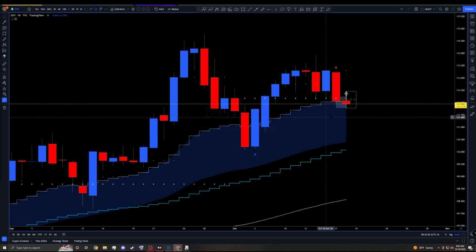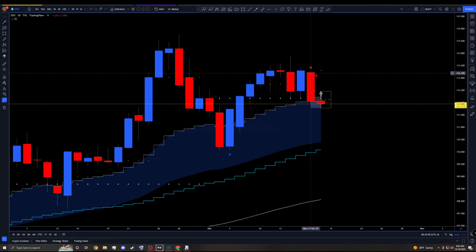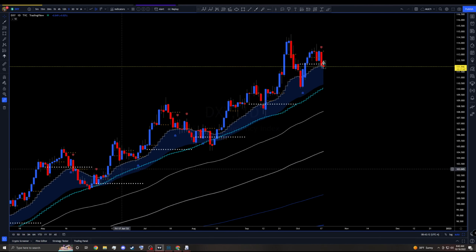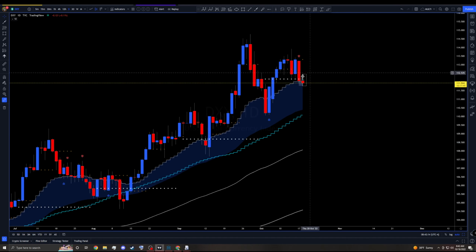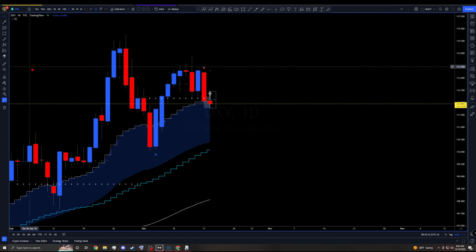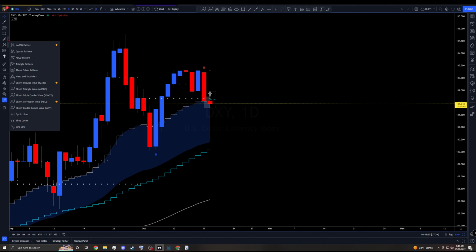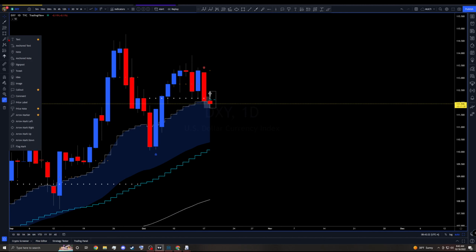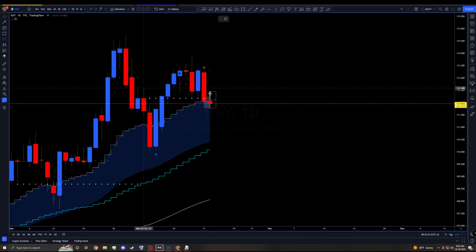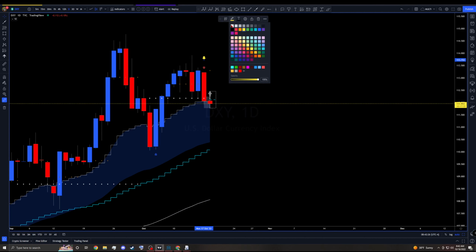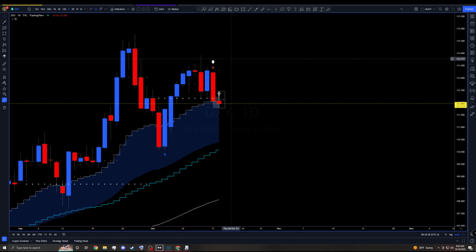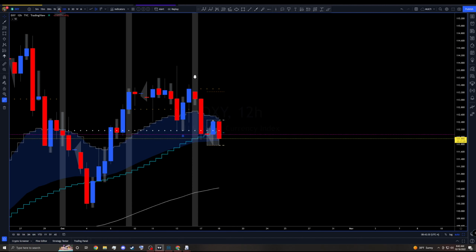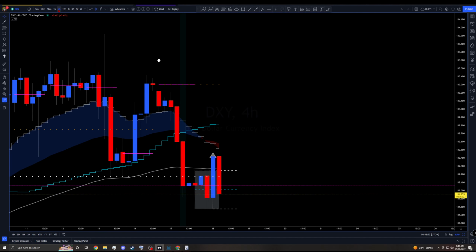So we're on the daily. We got the dollar. And what was I talking about? We're in this uptrend, and I see a selling opportunity right here. And within this selling opportunity, there's going to be something on another time frame. So I'm going to walk down to the hourly.